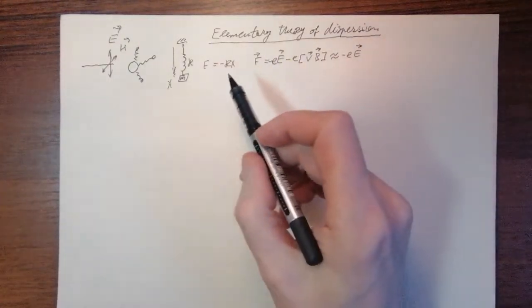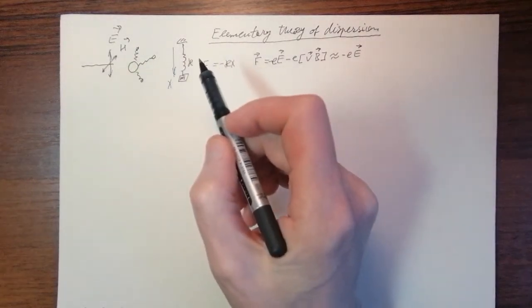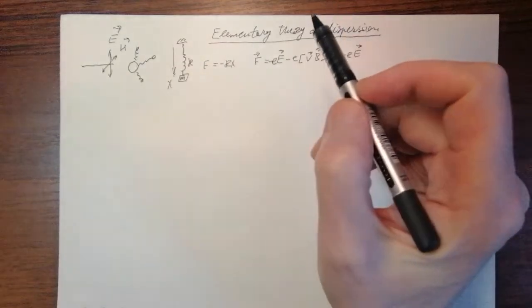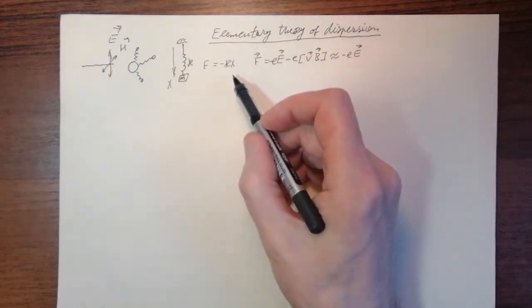Then if the electron is shifted from its equilibrium position, the total force will be this one plus the quasi-elastic force.